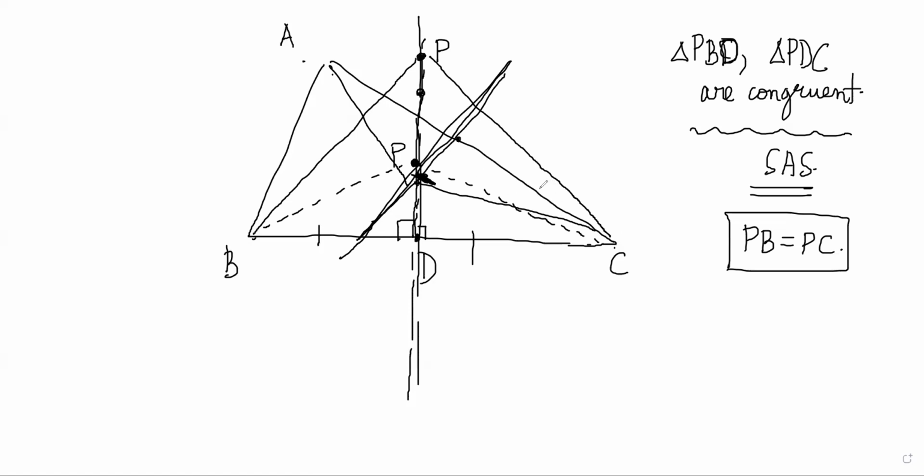Yes, sir. So there is only one point which passes through both these lines, which is the intersection of these two perpendicular bisectors, such that it will become equidistant from A, B, and C, right? Yes, sir. So that is how we find our circumcenter. That's my circumcenter, right?